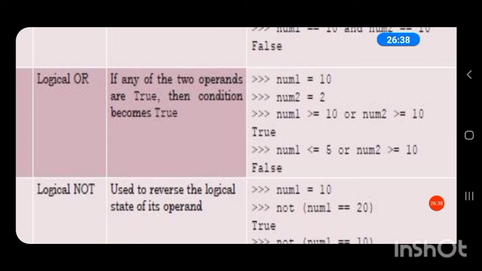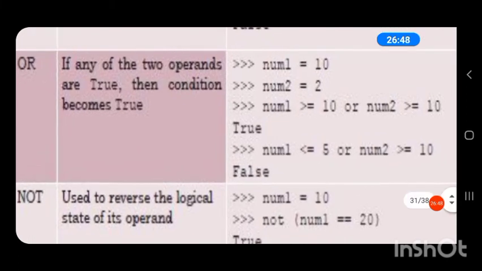It is true. Num1 is greater than or equal to 10. So it will not check what is after the OR operator, because we have already got the first condition as true. No need of going and checking the next condition. So it will just return true, because for the OR operator only one condition has to be true.